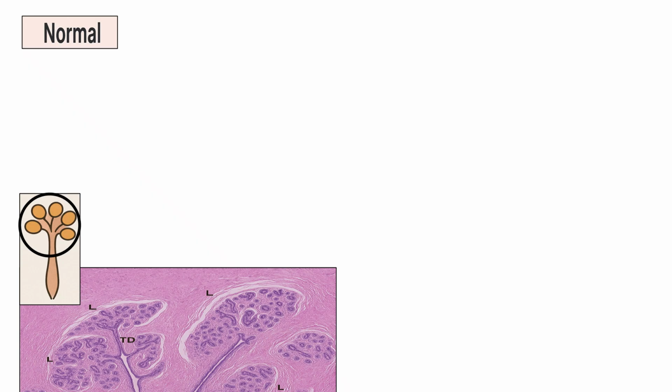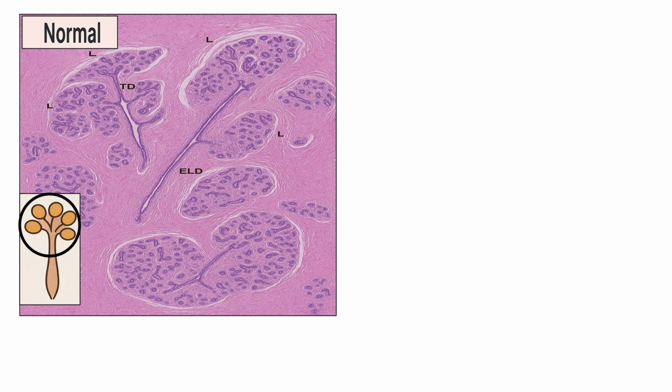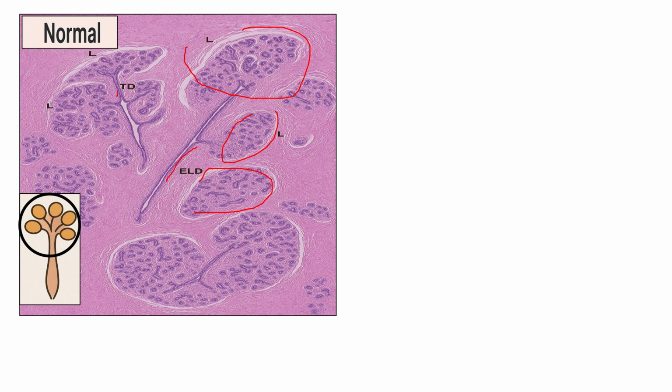As we can see here, this is the terminal duct lobular unit, which is normal, consisting of terminal duct and lobule filled with the acini. So here this is a histopathological diagram of breast showing multiple lobules. All of these are lobules, and this is the extralobular duct, and this will be the terminal duct.